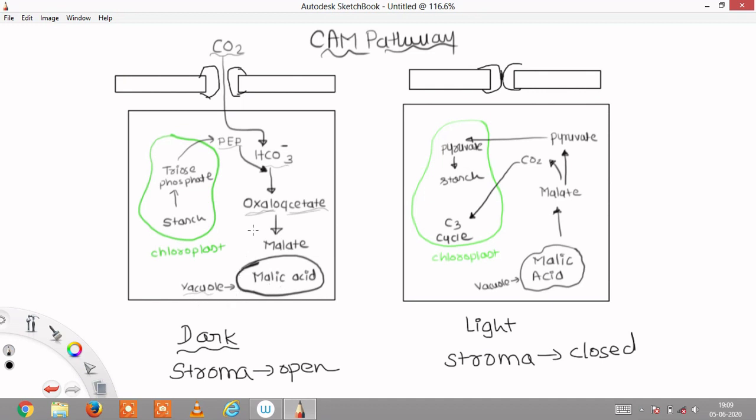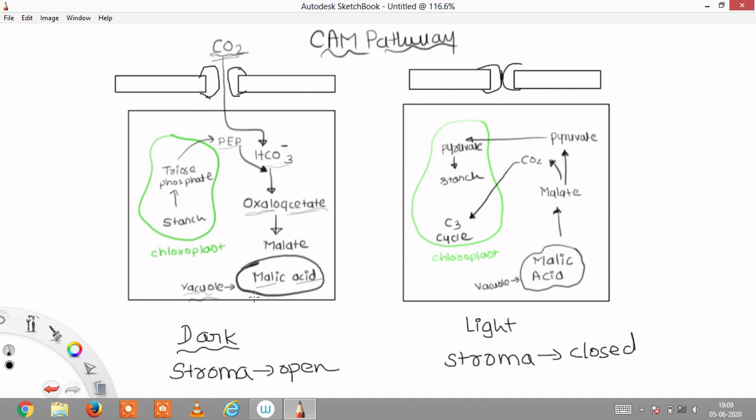Now the carbon dioxide is entering the cell, but it is not entering the Calvin cycle, because the Calvin cycle requires ATP and NADPH, which are not present because there is no light reaction. There is no light reaction because there is no light, it is dark. That is the reason why this carbon dioxide is assimilated as malic acid into the vacuole.